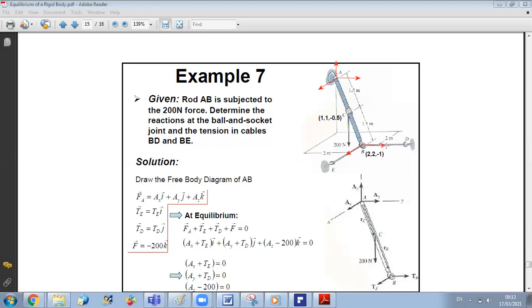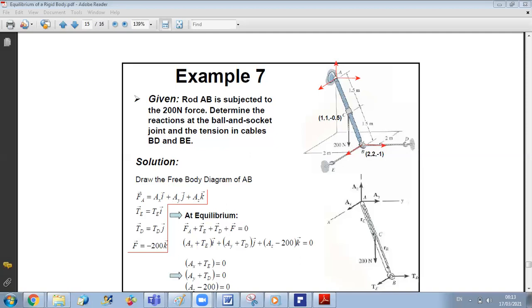First, the first step in such problems is to write the expression of your forces. As we said, the ball and socket joint will develop three reactions, one in X, one in Y, one in Z. So you can write that the force at A is AX i plus AY j plus AZ k. The three AX, AY, and AZ are unknown.